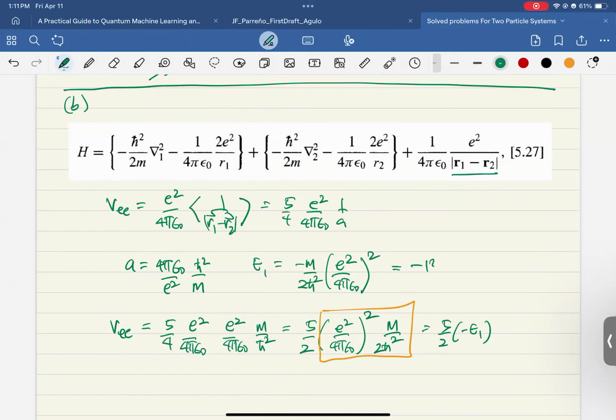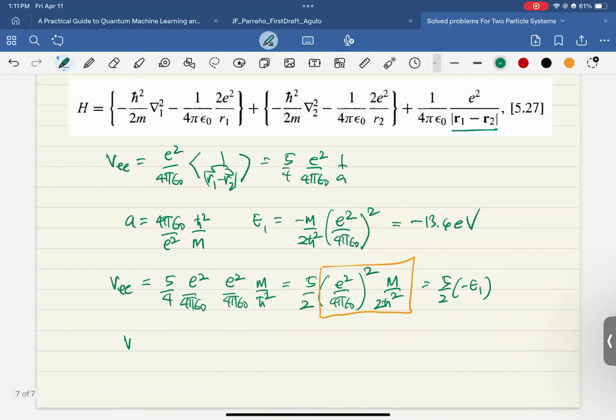Pero this is negative 13.6 electron volts. Okay, so ang negative E1 is 13.6 electron volts. So ang VEE is 5/2 times 13.6 electron volts, which is 34 electron volts.